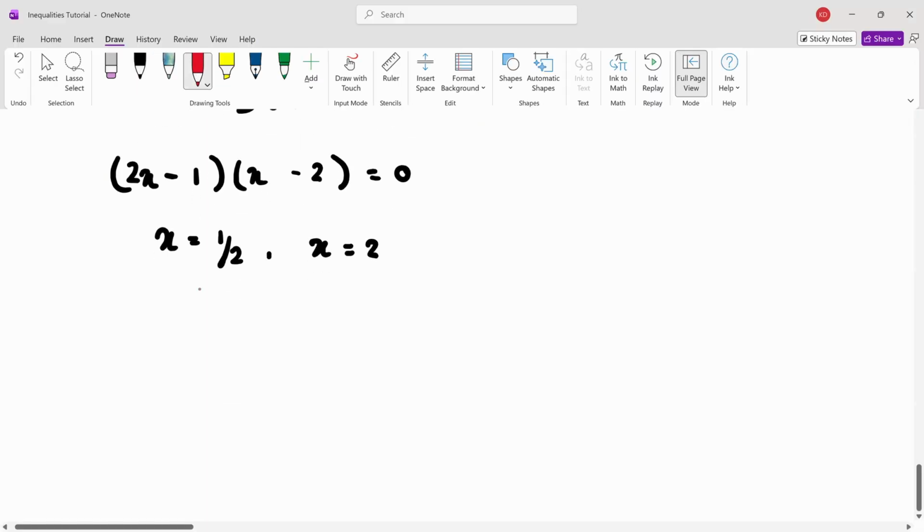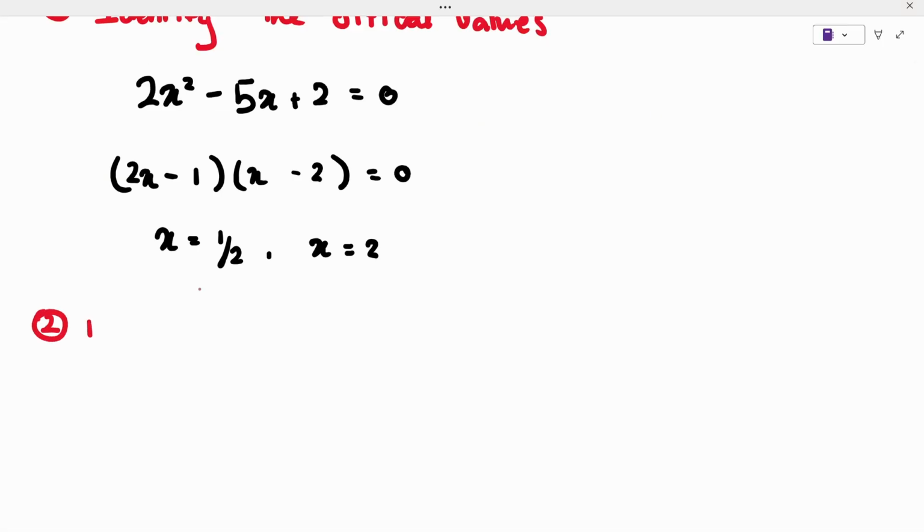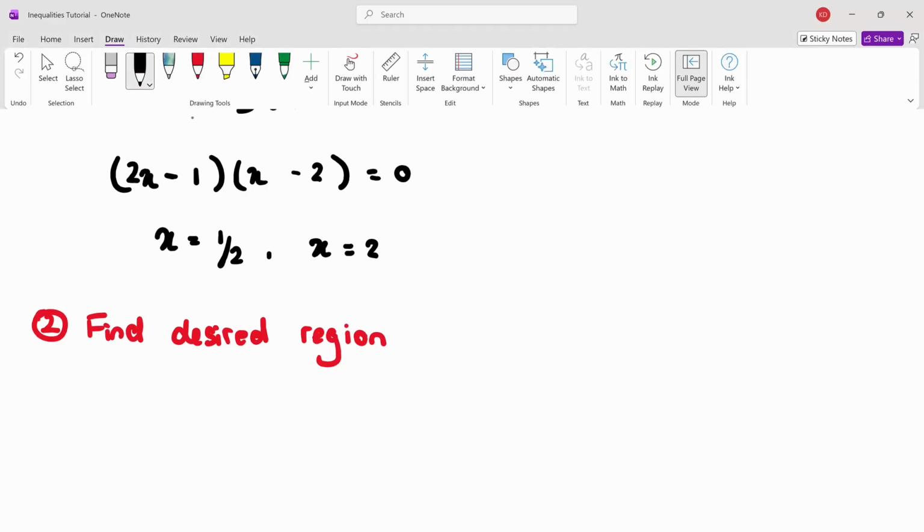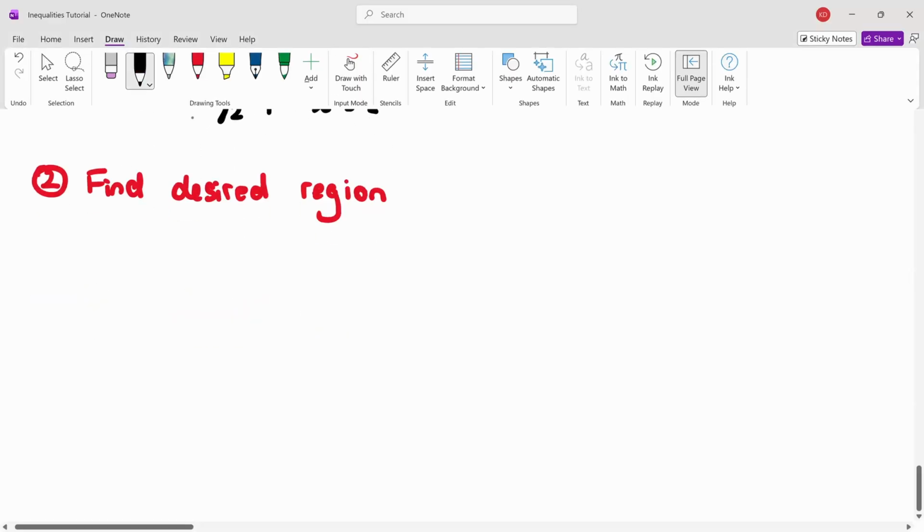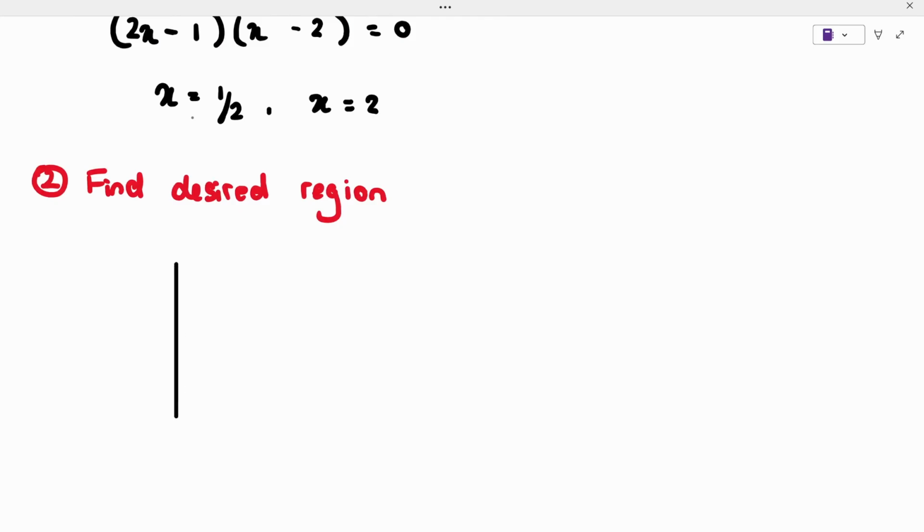What is the next step? Next step, find the desired region. So how do we do that? The best way to do that, I think, is if we sketch the graph. Let's just sketch this graph here. It cuts at a half and it cuts at 2. Y-axis, x-axis, put a half there, put a 2 there.